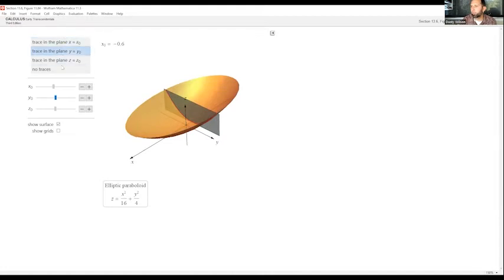If we look at traces in the plane y equals y naught, as we move along the y-axis, again, they are parabolas. And if we look at traces as we move along the z-axis, our traces are all ellipses. So this is the elliptic paraboloid.